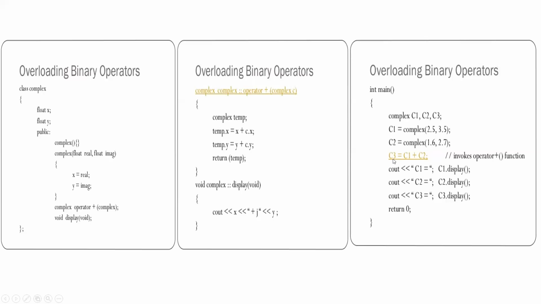Now C3 is the object where I am writing C1 plus C2. दो objects को add कर रही हूँ children. We have never done this. Two objects are never added.